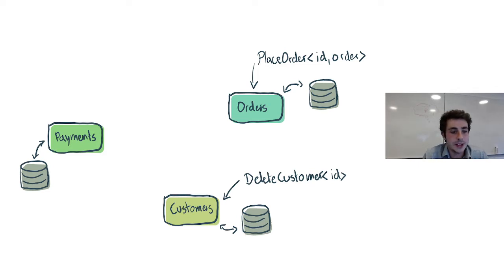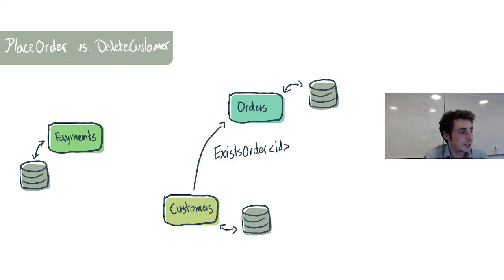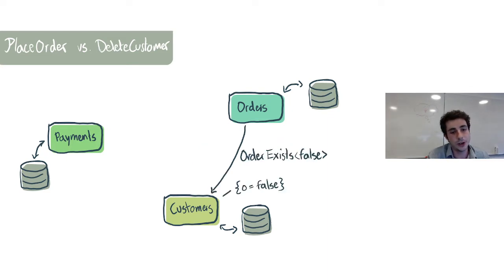In our scenario, the customers microservice starts by contacting the orders microservice to see if there are any existing orders for the customer that we want to delete. The orders microservice replies, okay, no, there are no orders at the moment for this customer, and the customers microservice then saves that locally.